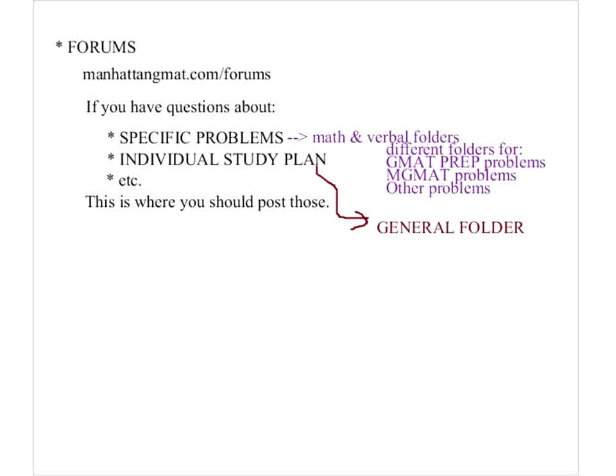If you don't know exactly what I mean by this, go to the general folder and read through the stuff that's in there. We are usually very good at getting back to people on this stuff quickly. Especially in the general folder, you will get an answer in like 2-3 days max. Sometimes for other folders it takes a little bit longer, a couple weeks, something like that. But there it is.